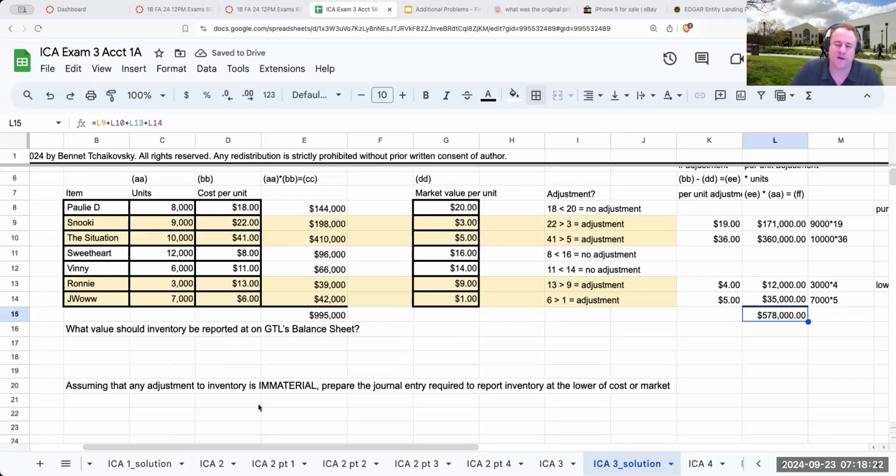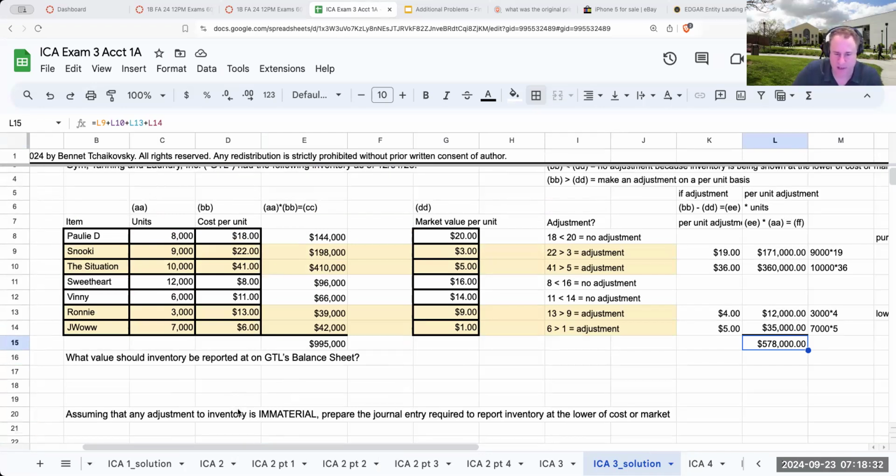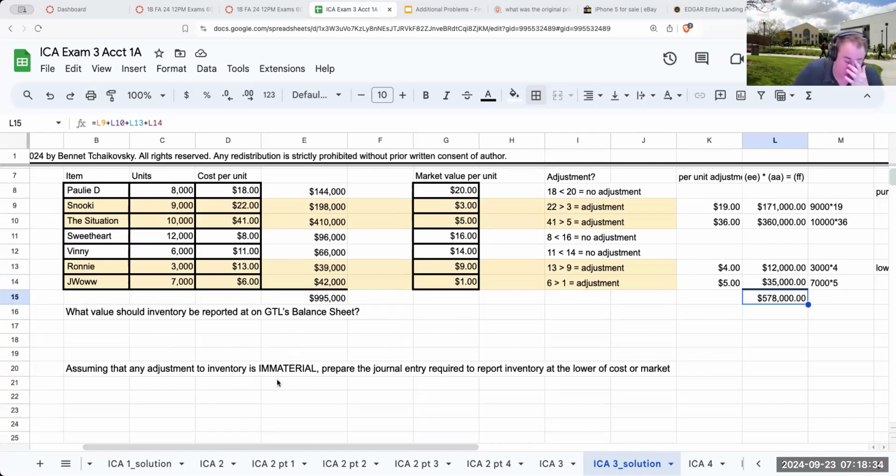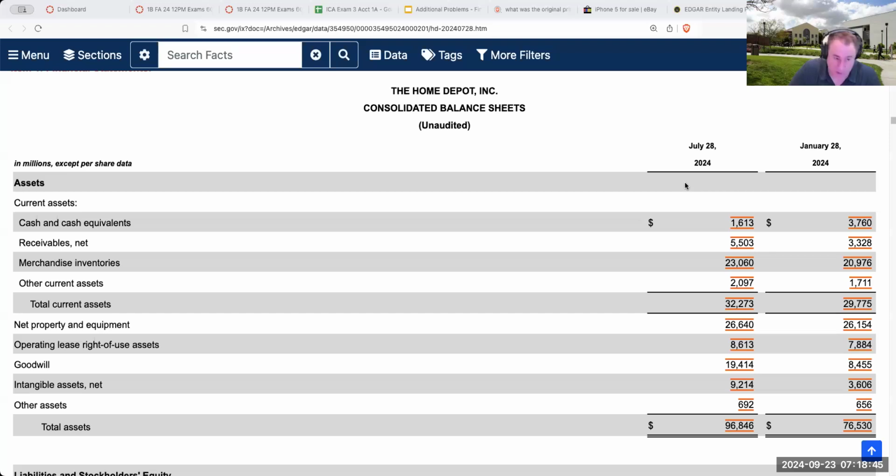I'm going to do this in a little bit of a different order. Assuming that any adjustment to inventory is immaterial, meaning it won't make a difference if it's a smaller amount relative to the entire balance sheet, prepare the journal entry to report inventory at the lower of cost or market. So over here, 12/31/28. And by the way, what does material mean?